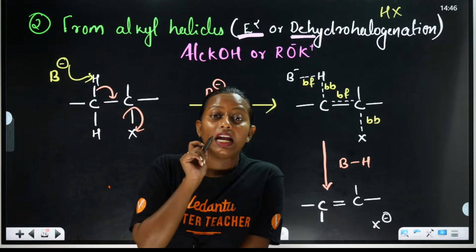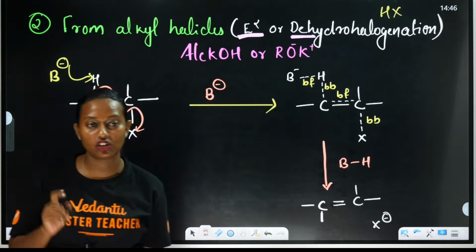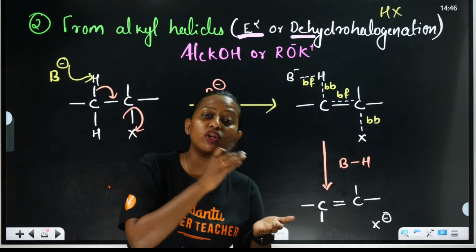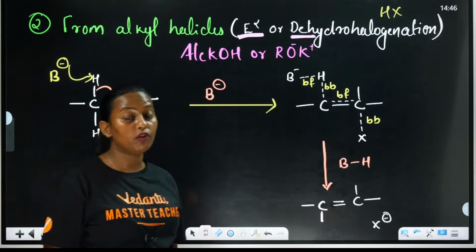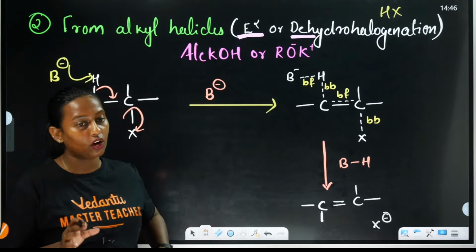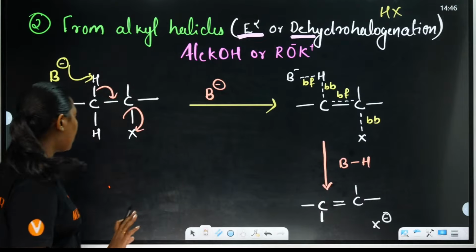Dehydrohalogenation means removal of hydrogen and halogen, that is, removal of HX. Hydrogen and halogen. Clear?